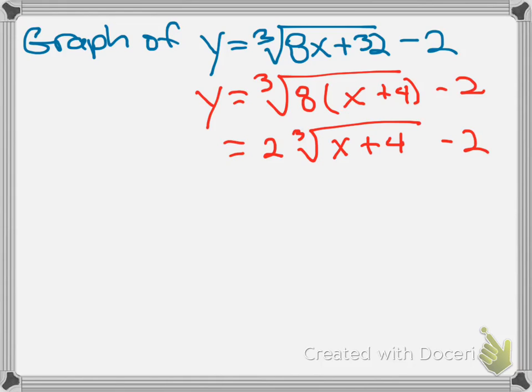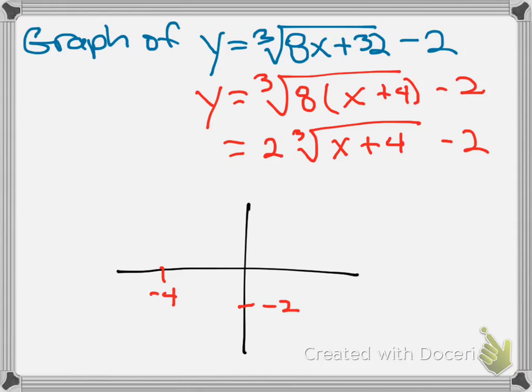And now our equation is written in a form where we can pretty easily see what's going on with this transformation. So here are my axes. Since this is an x plus 4, that means I am shifting my function 4 units to the left. Because it says minus 2 on the outside, I'm shifting it 2 units down.